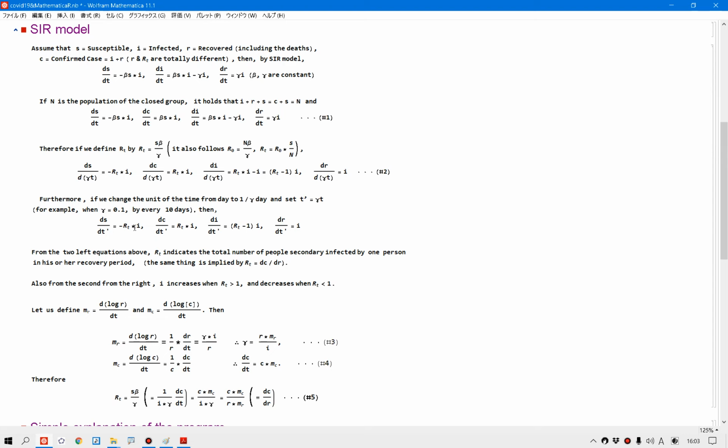So per one infectious person, RT is infected throughout the whole recovery period. So that's why RT indicates the total number of people secondarily infected by one person in his or her recovery period. And the same thing can be implied by RT equals dC/dR. It's calculus, this one.